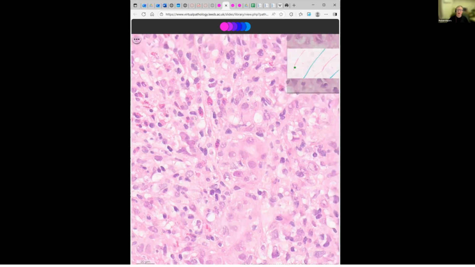So I think that Venkatesh, I think you're absolutely right. Hodgkin's needs to be ruled out. I think the presence of eosinophils also makes you think possibly of a T-cell lymphoma, and that can also have histiocytes in it as well.